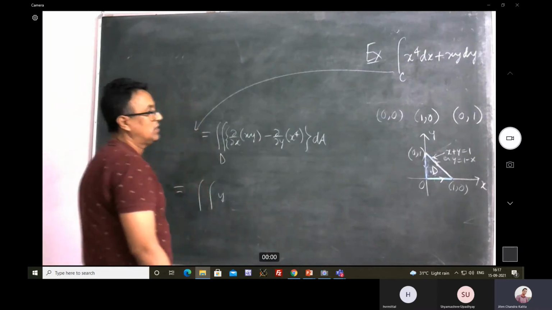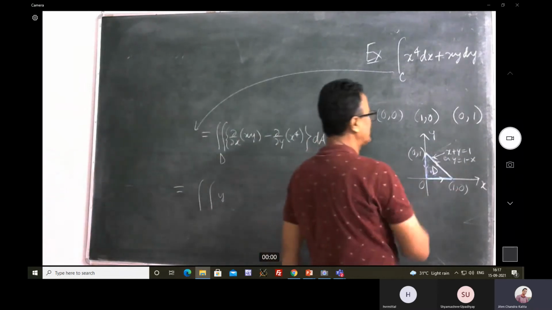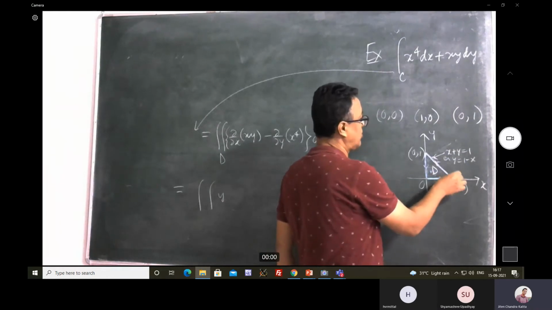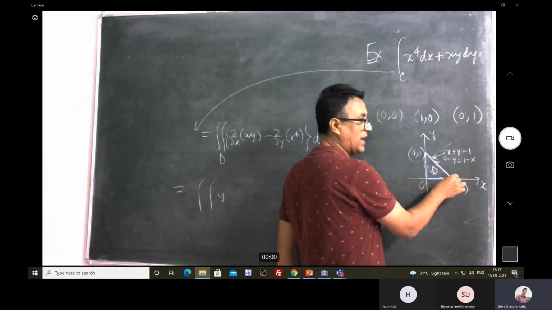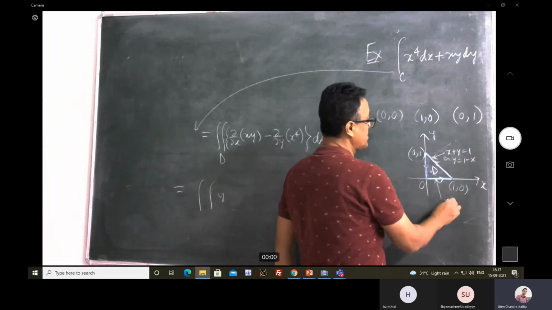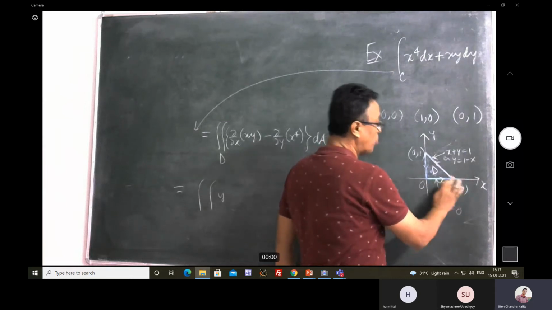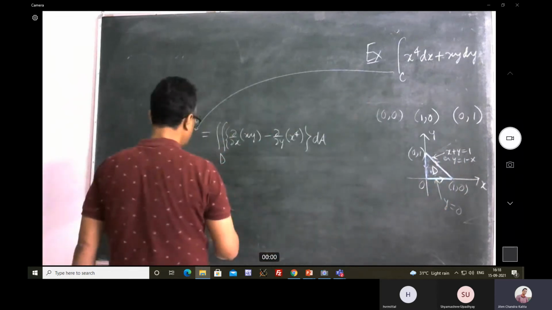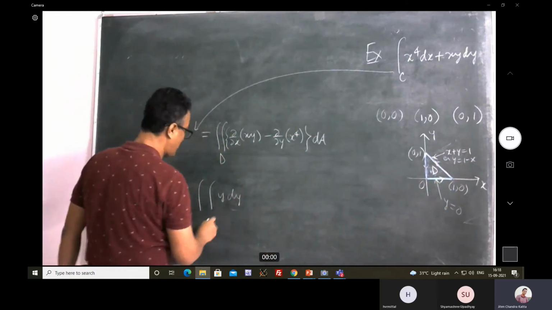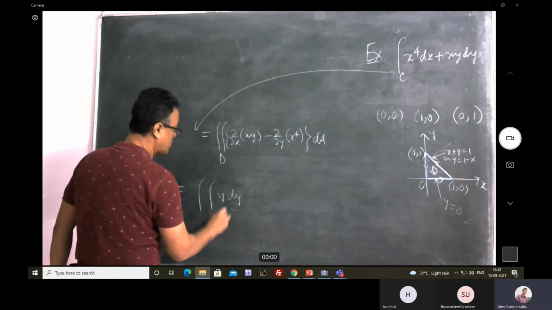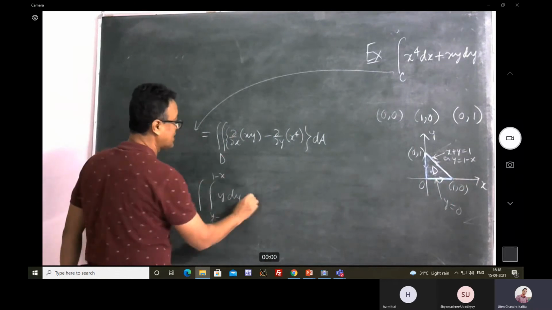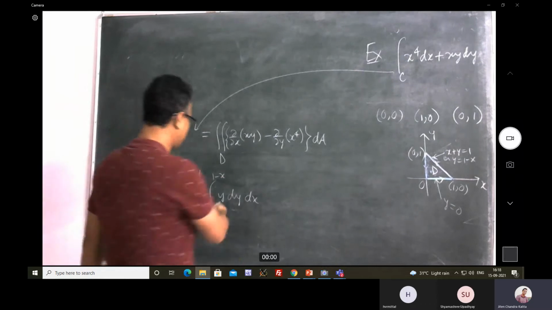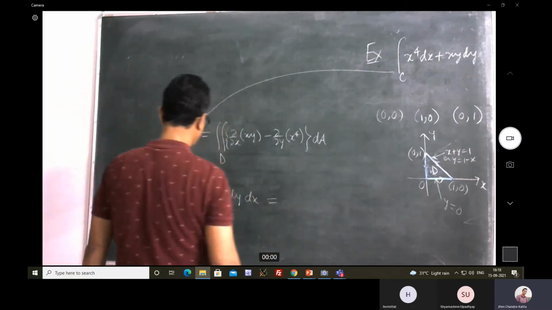If I consider it as a type 1 region, the range of x is from 0 to 1, and y goes from 0 at the bottom to 1 minus x at the top. So the integral is y from 0 to 1 minus x, dy, and x from 0 to 1, dx. This you can easily calculate.